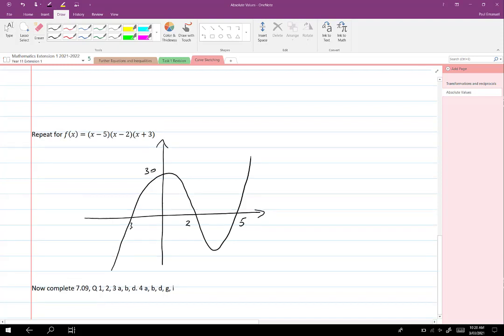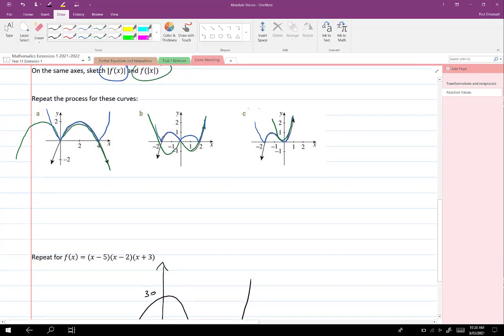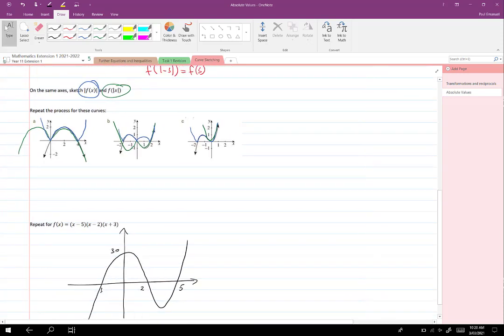Why don't you repeat it for C, the green one, except the y-intercept? How did you find the y-intercept? Make x 0. 5 times 2 times 3.